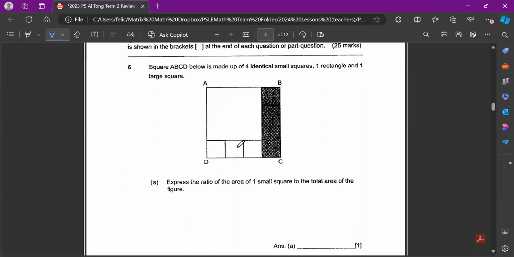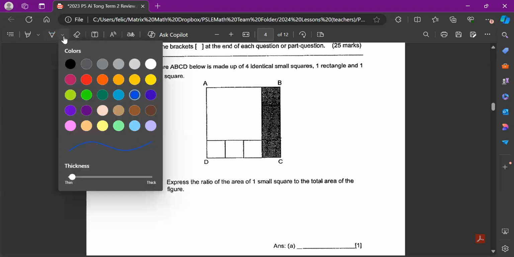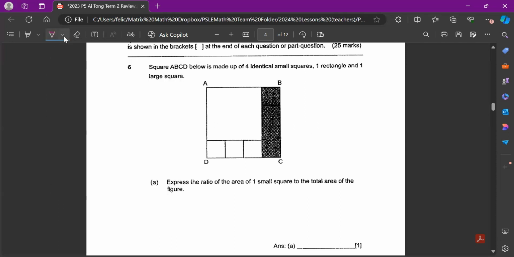Looking at this part, you notice that 3 small squares are lined up against the large square. So you can proceed to cut the figure into 3 columns. The length of the larger square is 3 times the length of the small square.